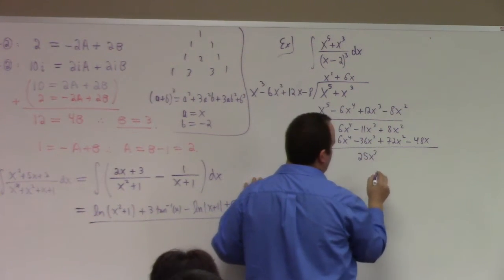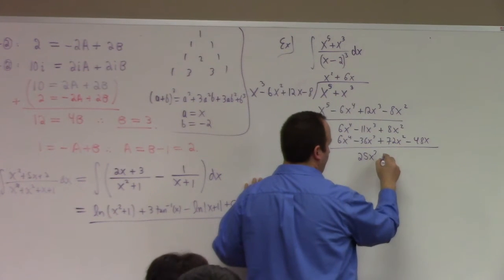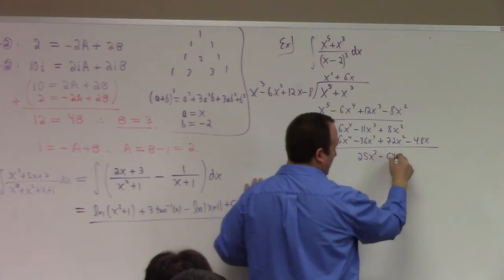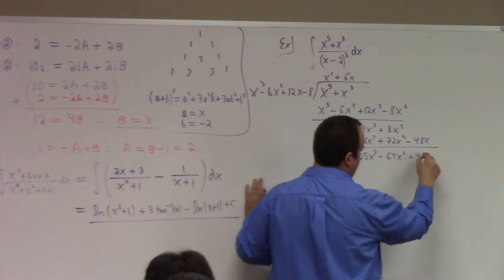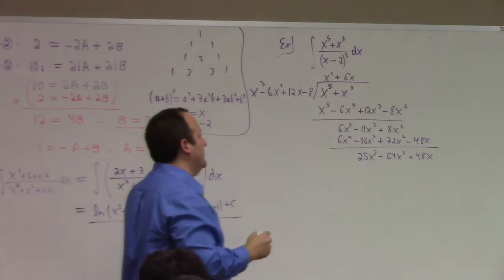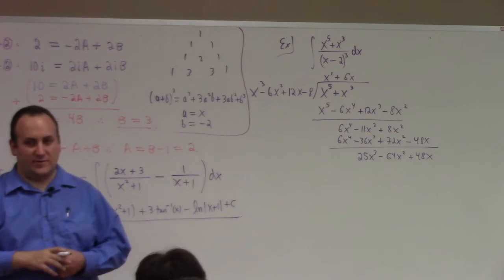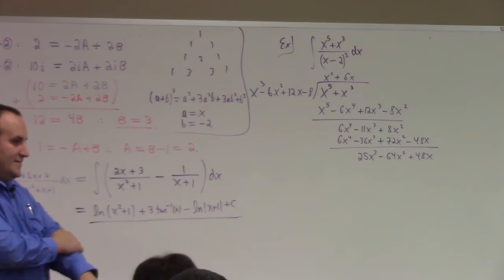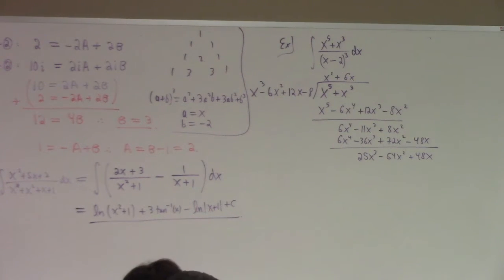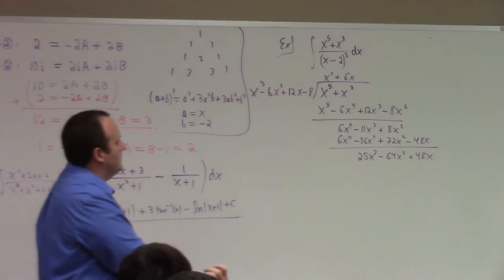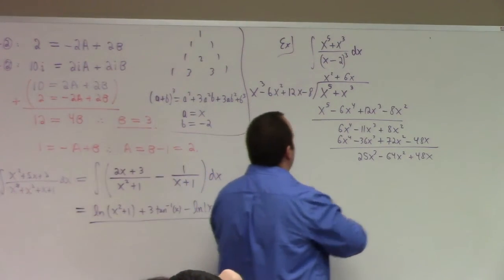25x cubed minus 64x squared plus 48x. If you tell me there's an error up at the top of this, I'm going to kill you. Is that good? Can we go further? Oh, yes, we can. Plus 25, right?